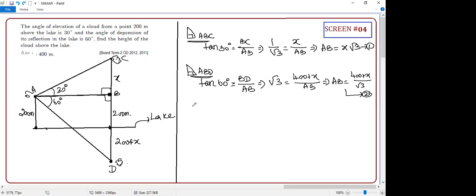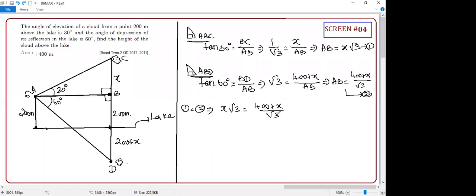Same mantra I am applying: which is common in both triangles, I keep that value on both sides and equate it. This will help you find the value of x. So x root 3 equal to 400 plus x by root 3.